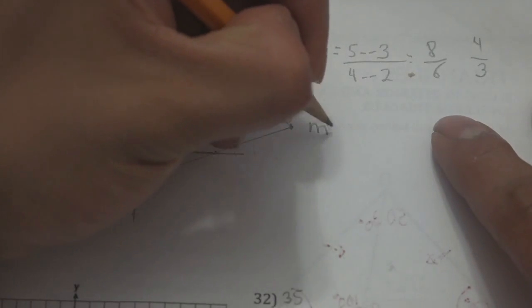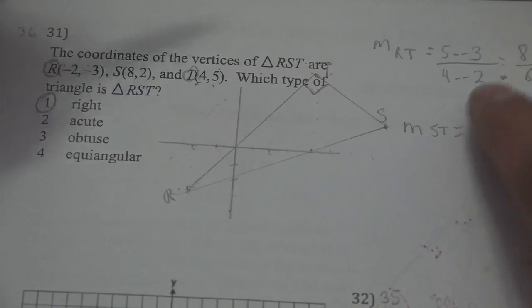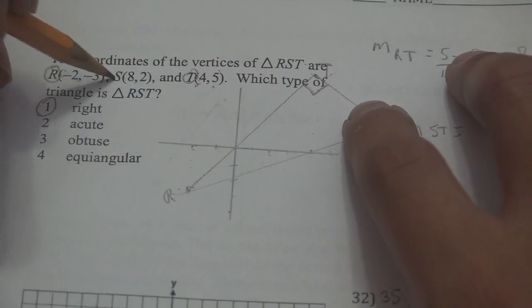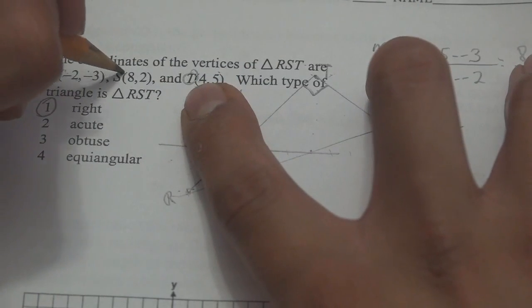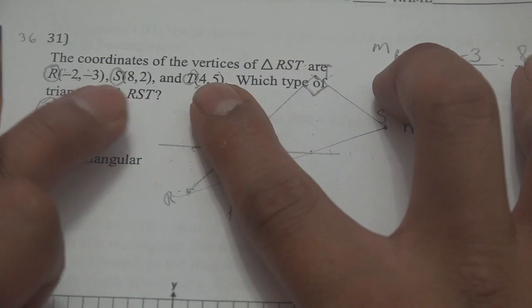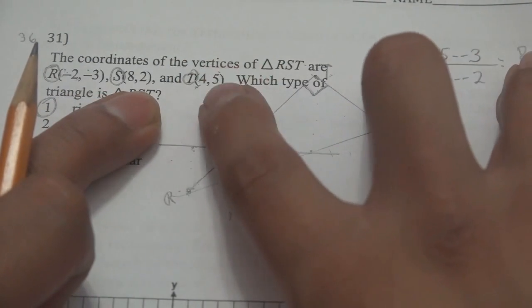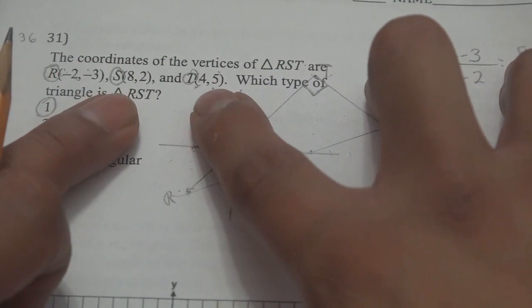So the slope from S to T. I'm gonna make S the x1 and y1, and I'm still gonna keep T as x2 and y2. By all means, if you wanna switch, it doesn't matter. You're still gonna end up with the same thing.